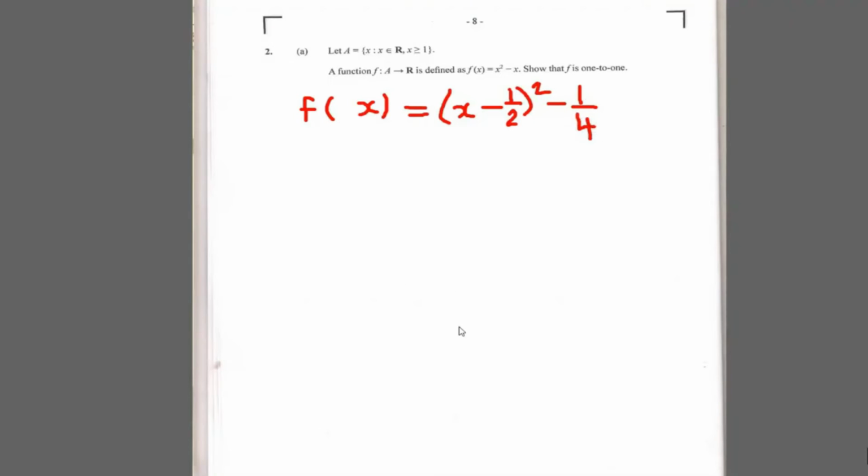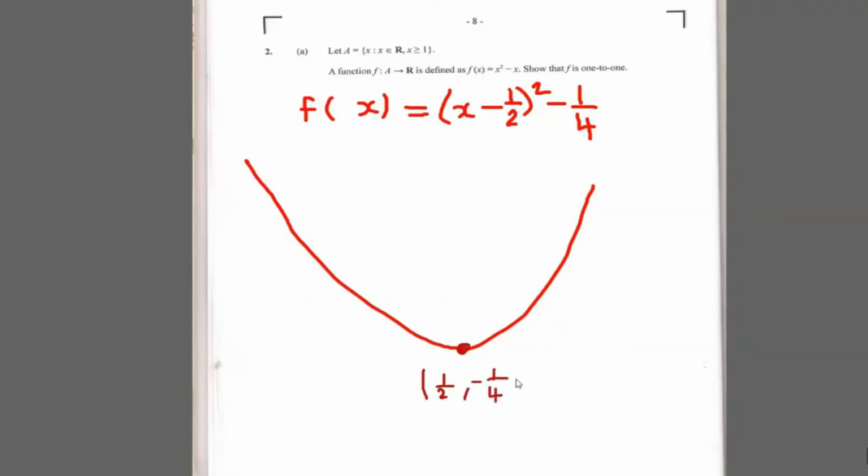And so what that means is we can sketch a curve. Just going to sketch a quadratic. And then I'm going to label the turning point first. The turning point is right here: a half, minus a quarter. If x is a half, 0 is somewhere here, and minus a quarter means the x-axis is somewhere here.